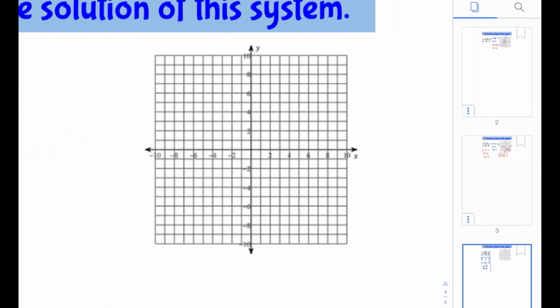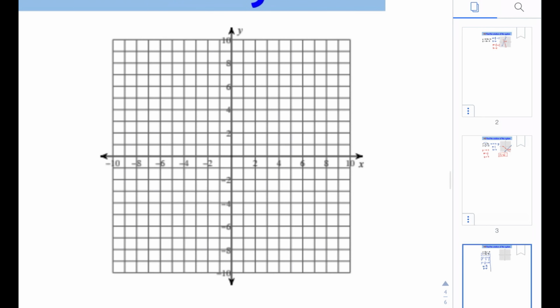The y-intercept is positive 4 and the slope is negative 1/2, which means 1 down, 2 to the right, 1 down, 2 to the right, and so on. Just continue the process to make sure that the graph is accurate. You can also go 1 up and then 2 left, 1 up and 2 left. So that will be the graph of the first equation.